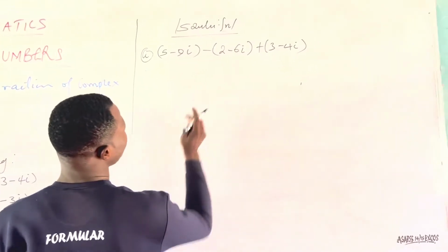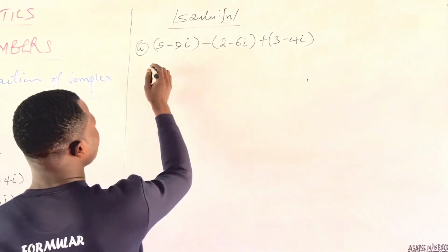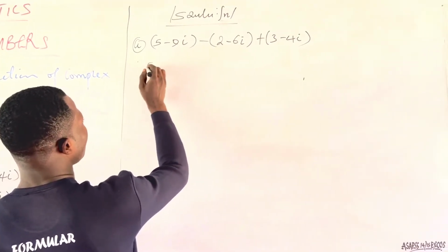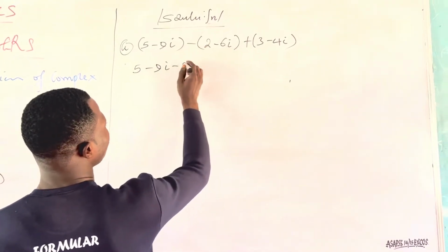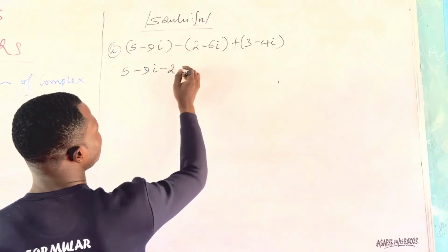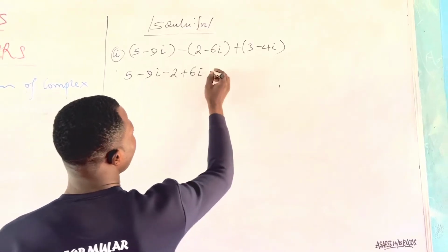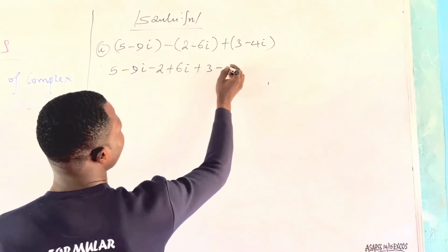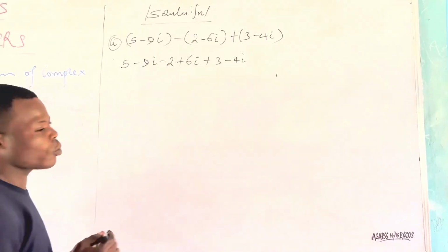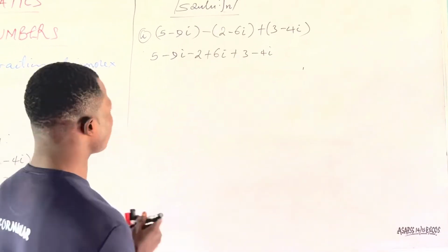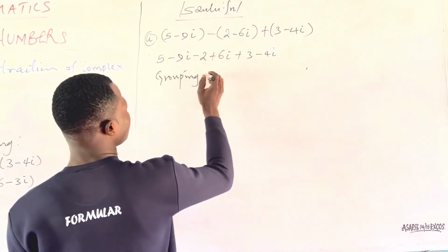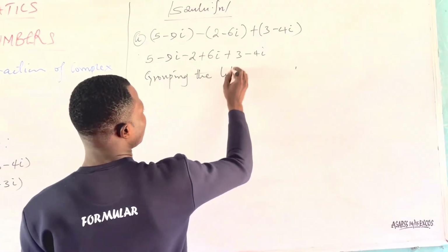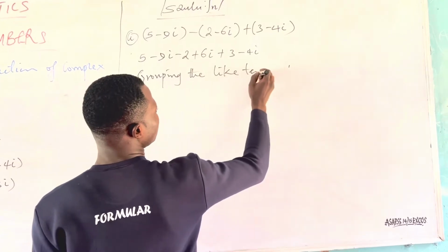So what we are going to do, let's open this bracket first. This can be written as 5 minus 9i minus times this minus 2, then this times this plus 6i, plus 3 minus 4i. So what we are going to do now is group the like terms.